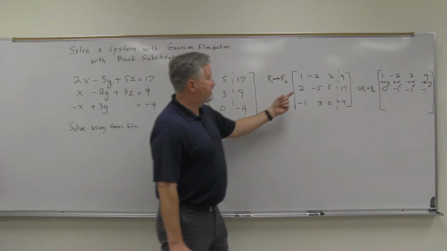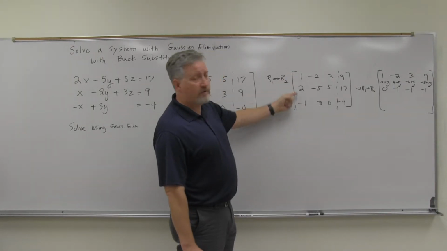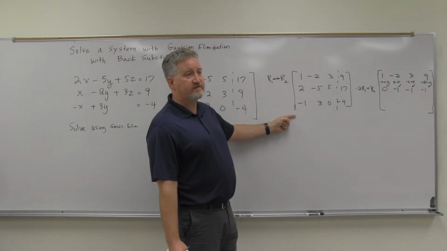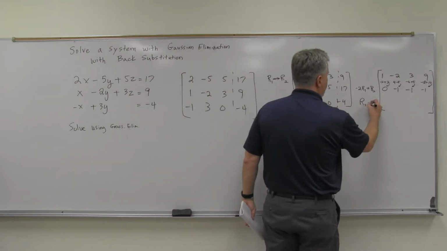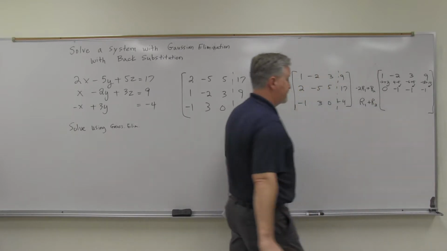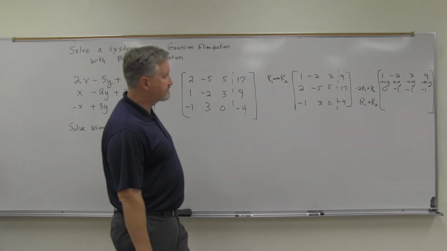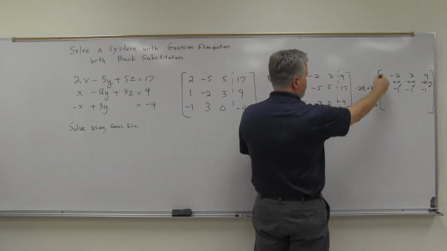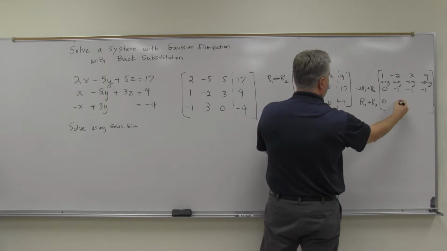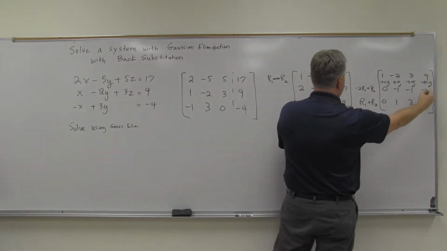To combine steps here, it's real easy because couldn't I just add row 1 and row 3, and that gets me a 0 here, doesn't it? Yeah. So that is one thing we could combine in this step. So now we're just adding row 1 and row 3. So that'd be 0, 1, 3, and 5.